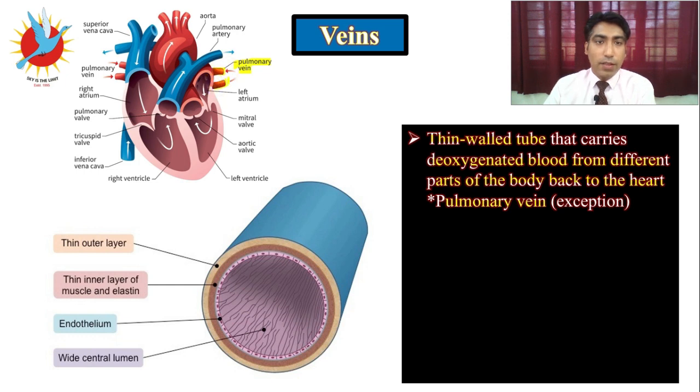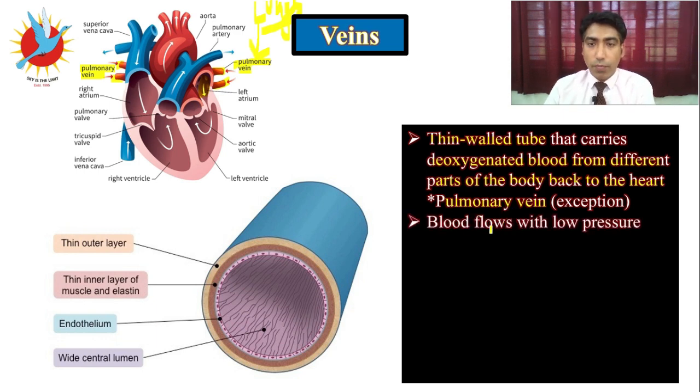These two veins are present at the left side and these two pulmonary veins are present at the right side, but they remain attached with the left atrium and they are coming from the lungs, so that is why they carry oxygenated blood within them. So this is an exception of veins.